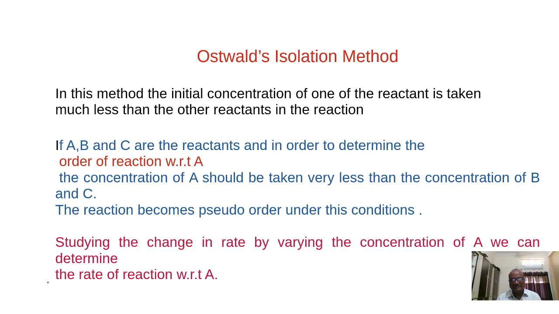Among them, one is hit and trial method or integrated rate equation method. Second is half-life method. Third is Van't Hoff method. Fourth is Ostwald isolation method. And we have seen some problems also. Thank you.